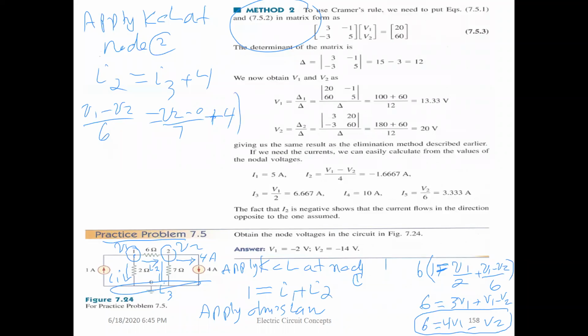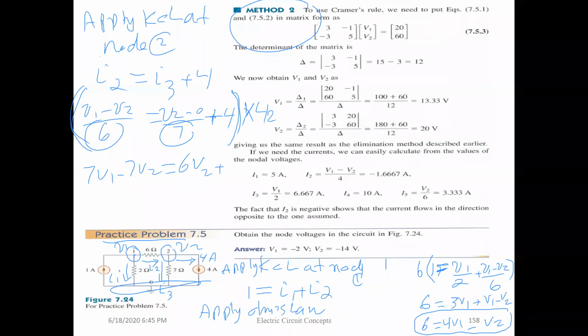Okay, now we need to get rid of the 6, get rid of the 7, so multiply both sides by 42. Okay, so that's why I put 2 parentheses here. So this will be 7v1 minus 7v2. This will be equal to 6v2 plus 42 times 4, which will be 168.